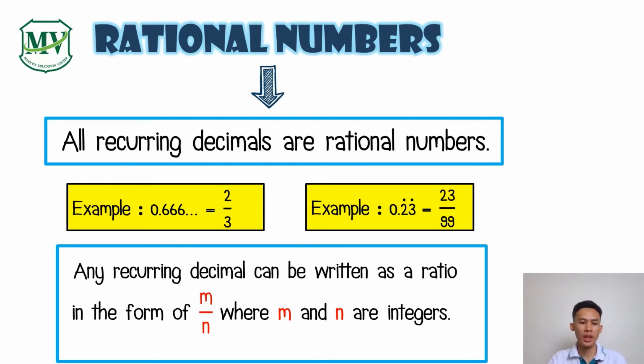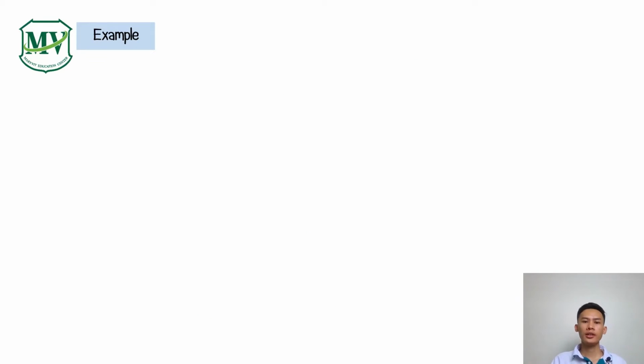That means any recurring decimal can be written as a ratio in the form of m over n, where m and n are integers.